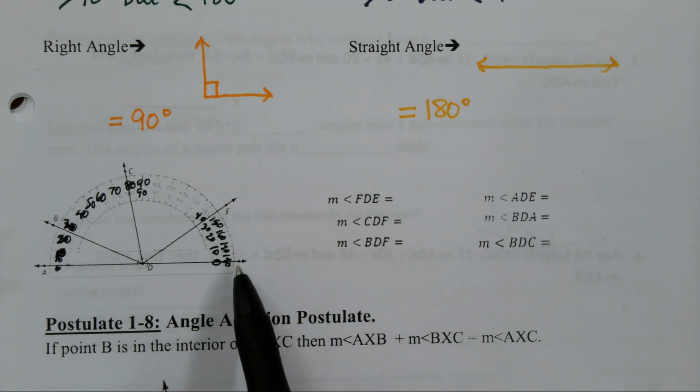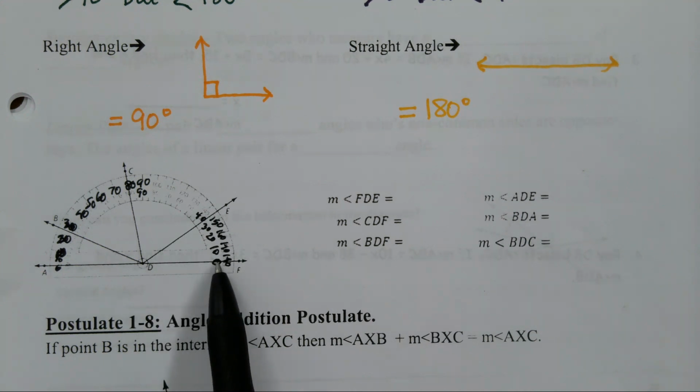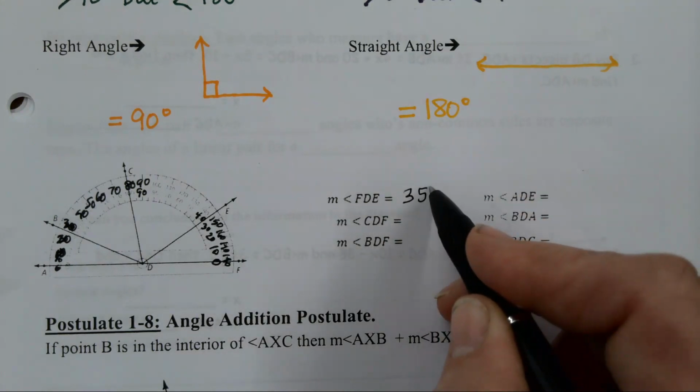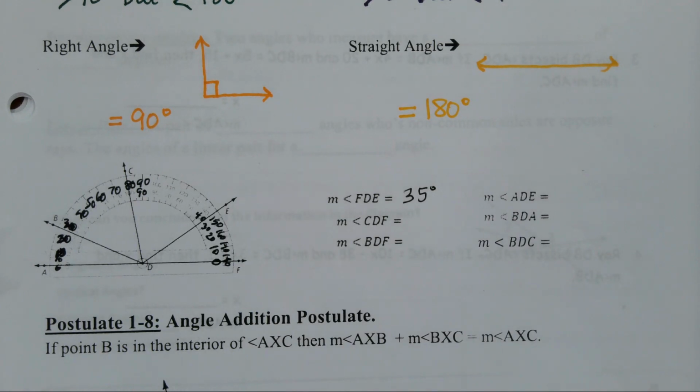And again, that's because I start at 0 when I measure, so I have to go on the inside one. 0, 10, 20, 30, 40. So I'm going to approximate that at about 35 degrees. These are just approximations, so do your best to approximate when you're looking at them.